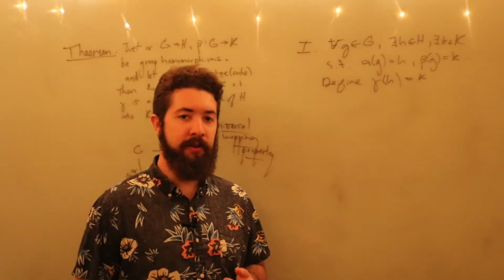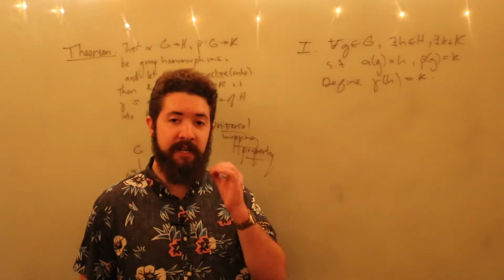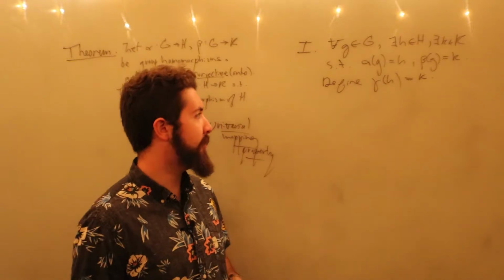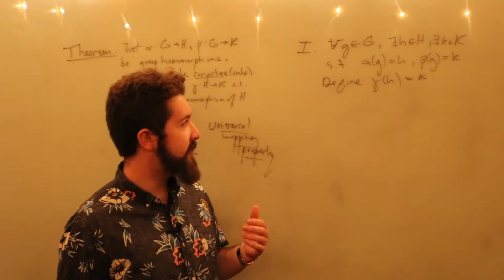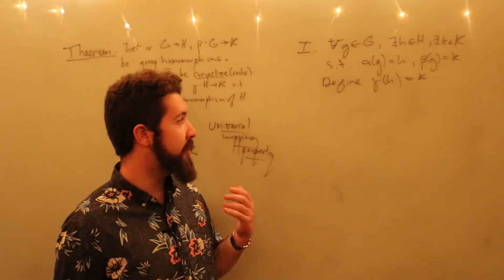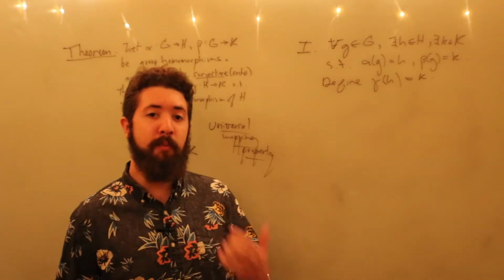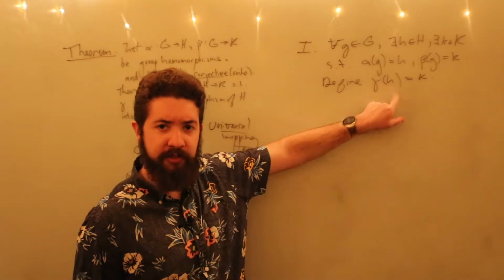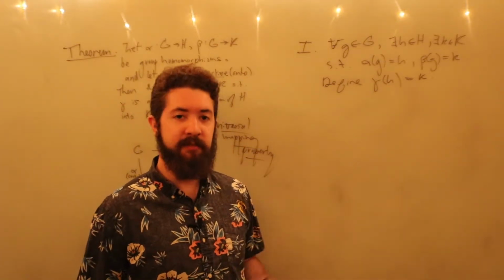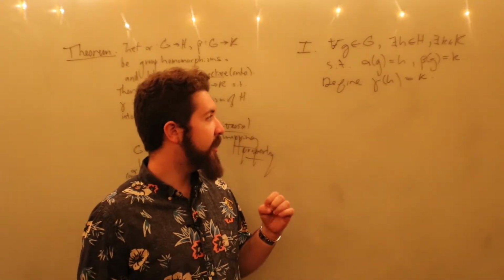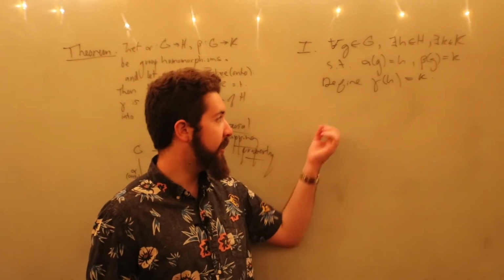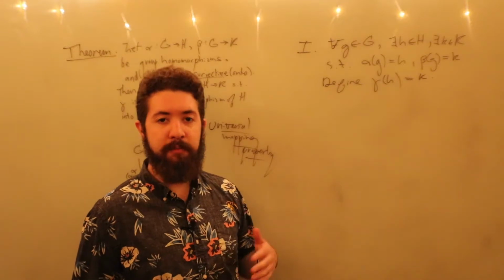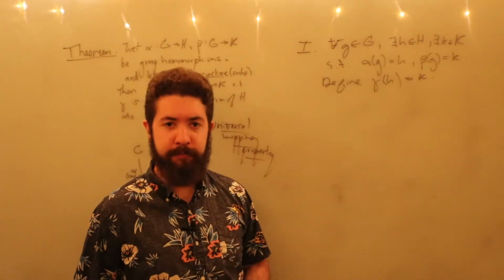Before we get any further, I'd like to point out that there is not a unique way to do this, that we're not showing the existence of a unique homomorphism. And the reason for that is that the alpha map would have to be one-to-one, because there could be more than one g element which maps to this element h. We just know there exists at least one, and so long as we decide on our mapping gamma always taking a certain element to a certain output, it doesn't matter which one we actually choose.